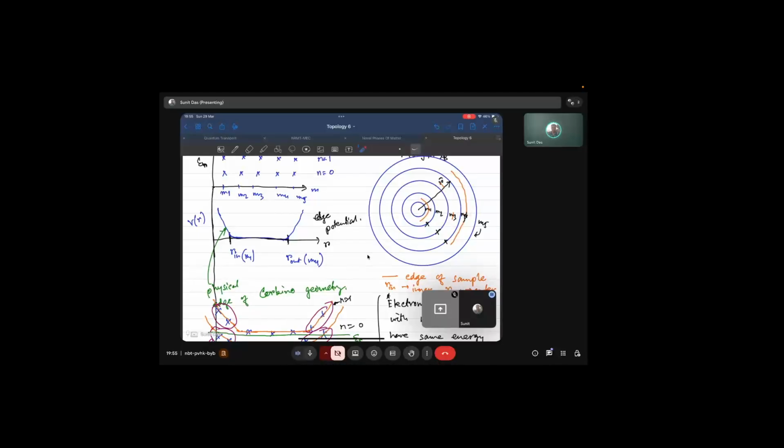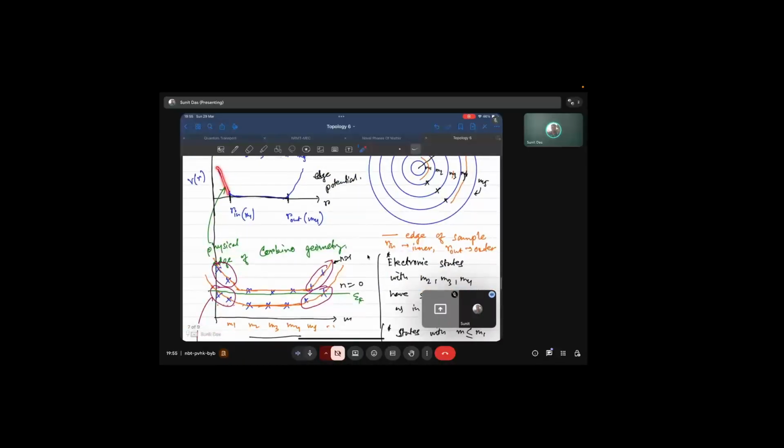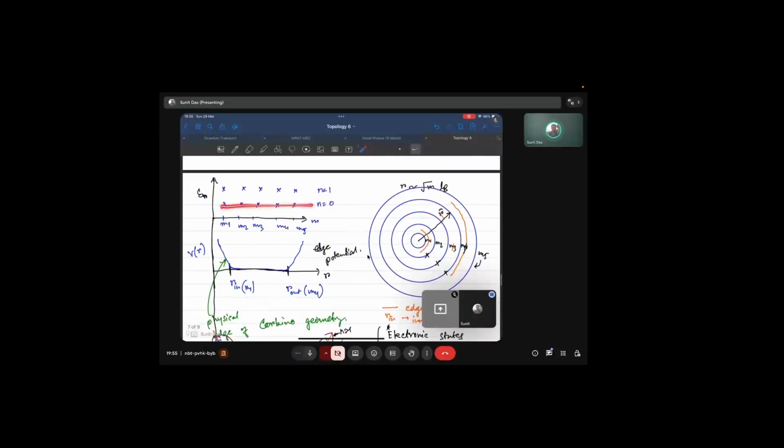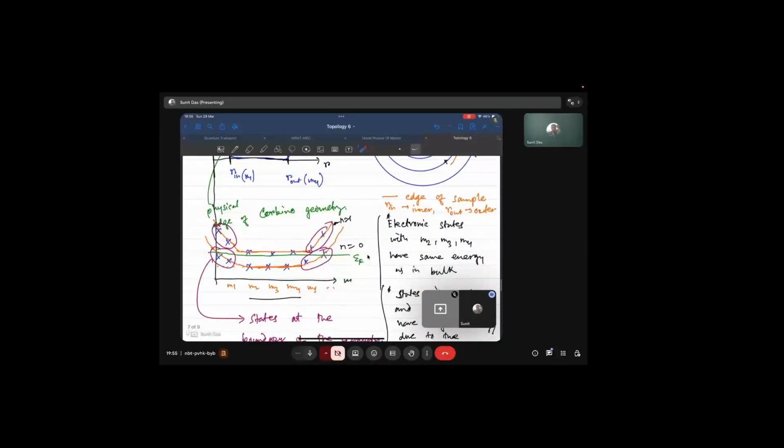These are the physical edges of the sample, and beyond R outer also there is vacuum. Whenever there is a finite system, there will be some edge potential, and because of this edge potential, your perfectly flat Landau level, which was true only for an infinite or bulk system, is going to bend at the edges. So this bending is happening at the physical edge of the sample.